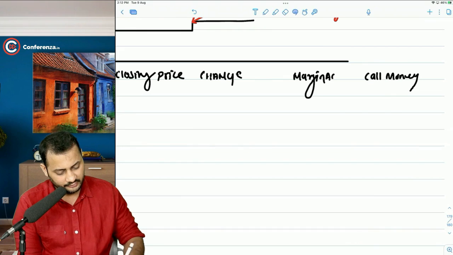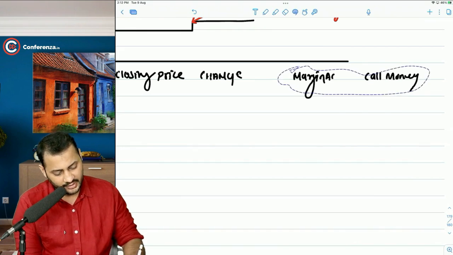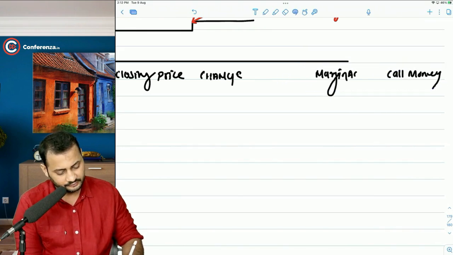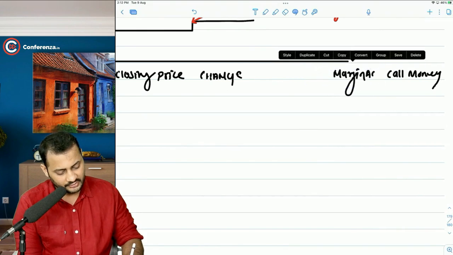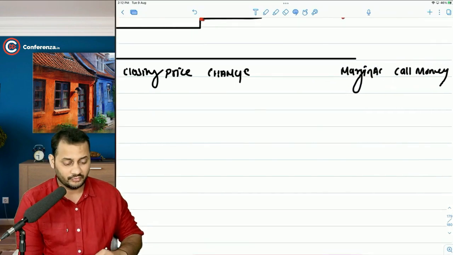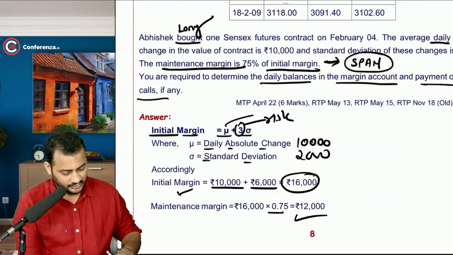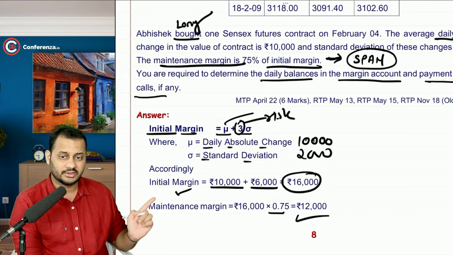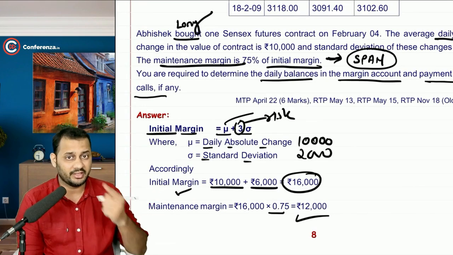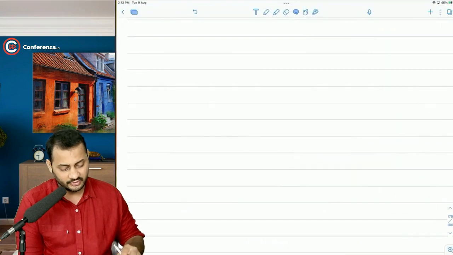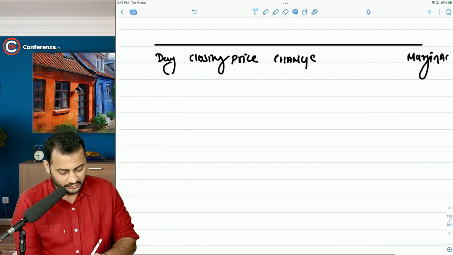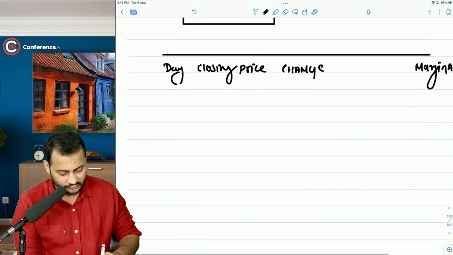This call money feature will get activated only if the margin account balance goes below 12,000 rupees. Have you understood this logic? The 16,000 is the initial margin and 75% of that has to be maintained in the margin account at any point of time. So let's take the first date, which is 4th of February.